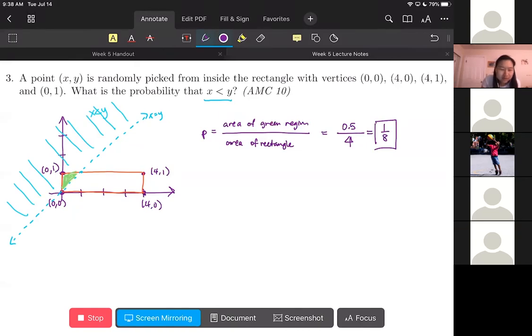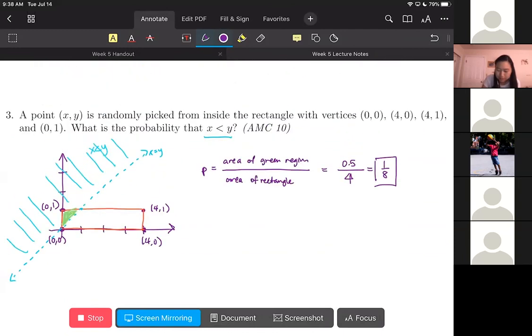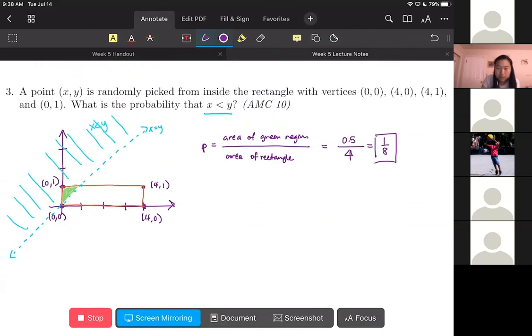Any questions on this one? Cool. What is the area for the, sorry, for the triangle, 0.5? So we could look at the triangle as, here, let me just blow it up.